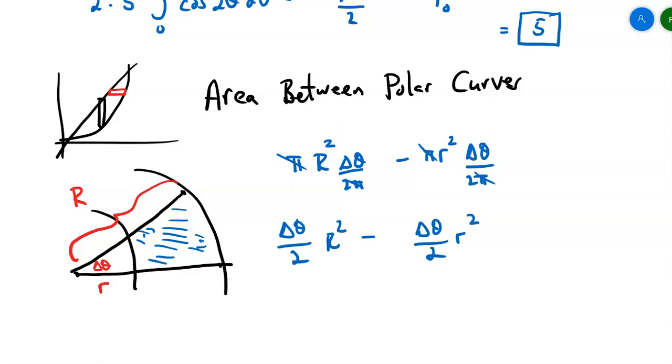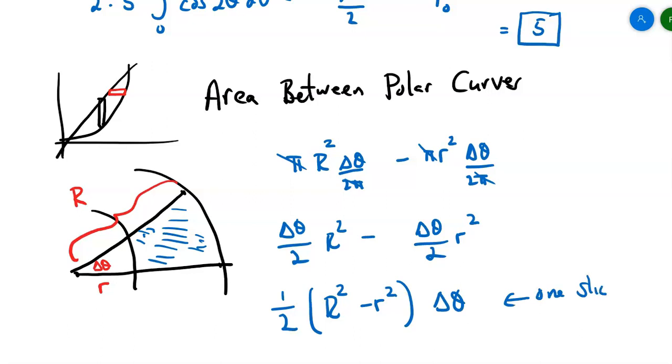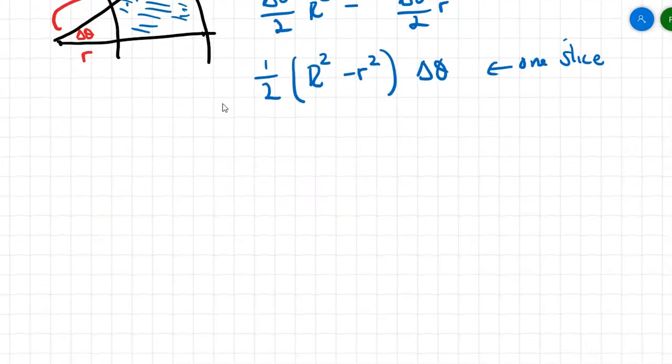Let's pull the 1/2 on the outside. I'm left with big R squared minus little r squared, and then I'm going to put my delta theta over here. So this is one slice, right? Or in terms of angle measures, we think of it as one slice, like a sector of a circle, a slice of pizza. What if I now made a general formula?